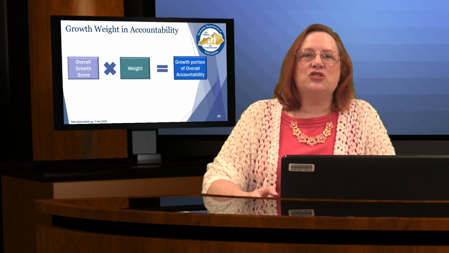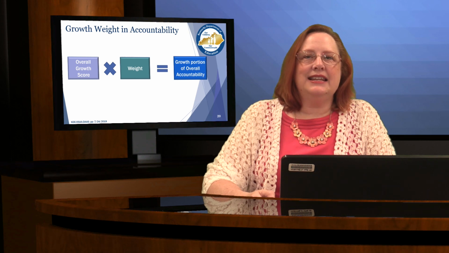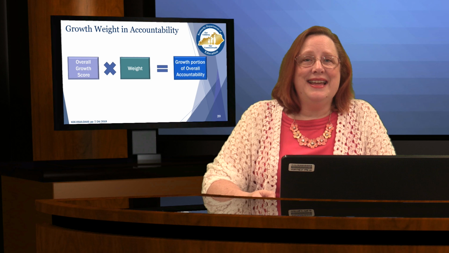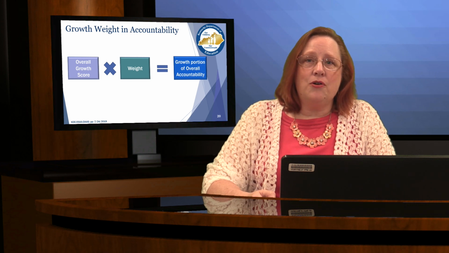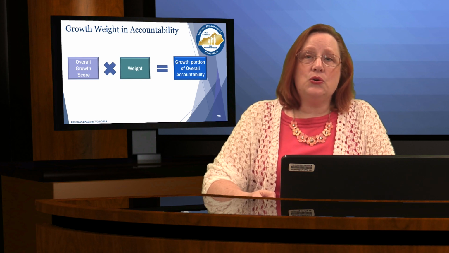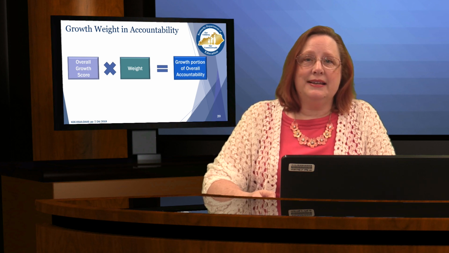Now you have it. You too can calculate growth for your school. There is one step left to calculate the weight that the overall growth score has in the accountability model. If you remember the overall accountability weights chart on slide 3, it showed that growth is 35% of the overall score used in the star rating.